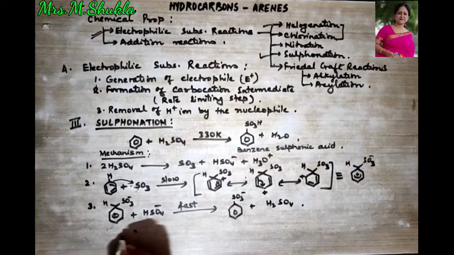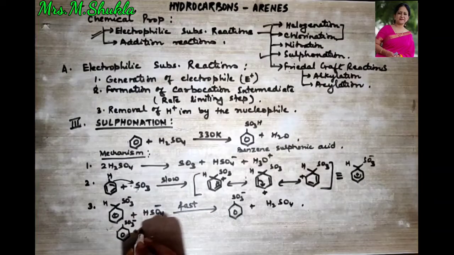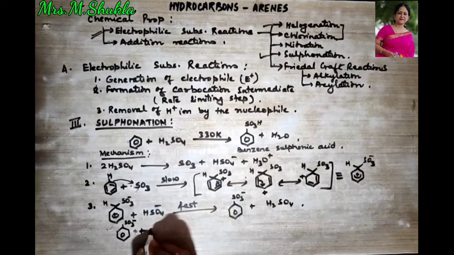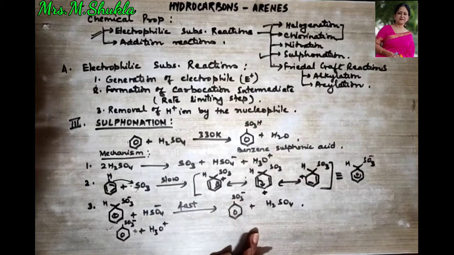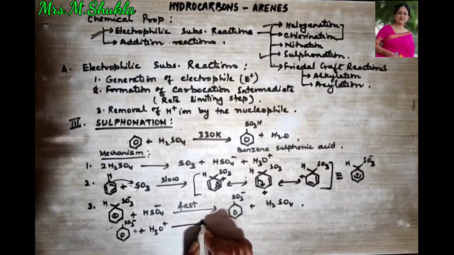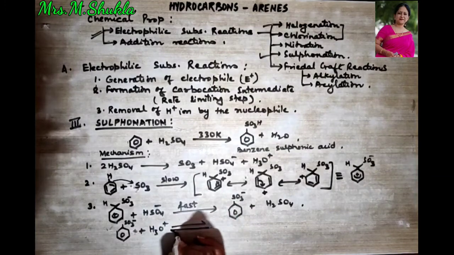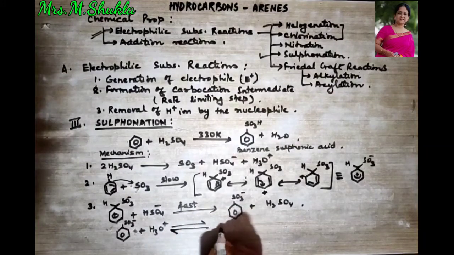Now this SO3 minus combines with the hydronium ion. Hydronium ion is the significance of the compound becoming acidic in nature, and therefore it forms your benzene sulfonic acid.